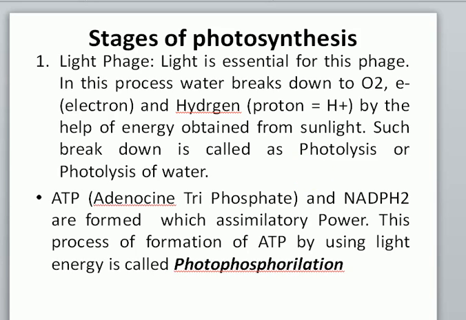For it to take place, light must be present. So in this process something happens. Water is broken down into oxygen, an electron, and hydrogen, which is a proton, by the help of energy obtained from sunlight.